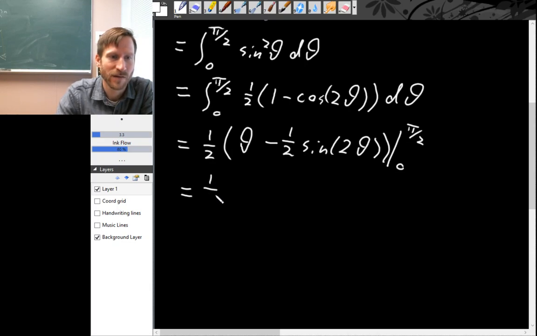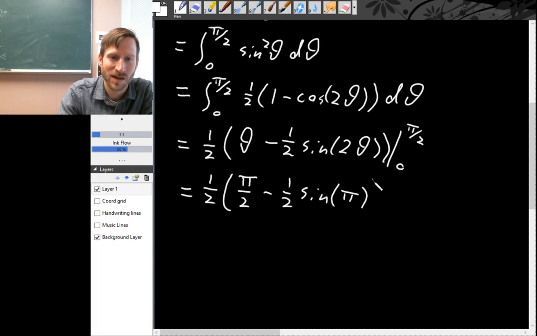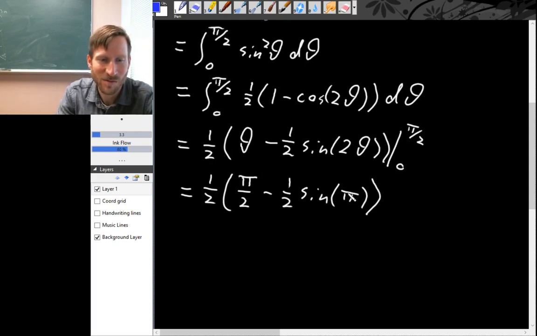Okay, so 1/2 times. Now fortunately, when we plug 0 into this for theta, we get nothing but zeros, so let's just plug in pi over 2. We get pi over 2 minus 1/2 sine of 2 times pi over 2, but that's pi. And so this part with the sine of pi is just 0.